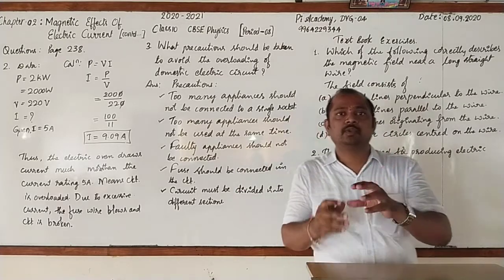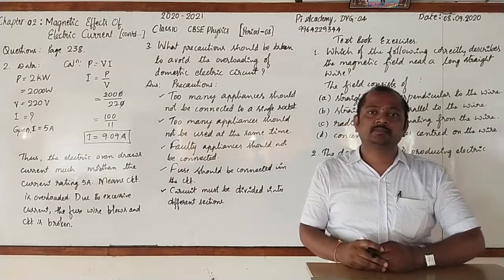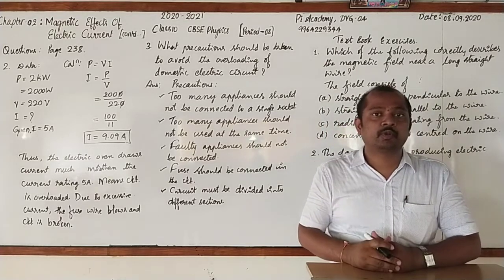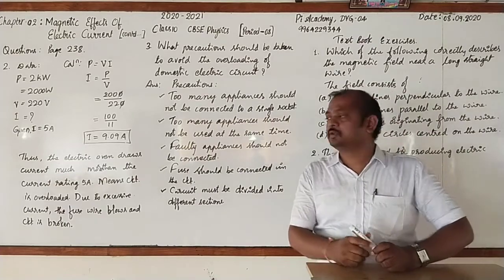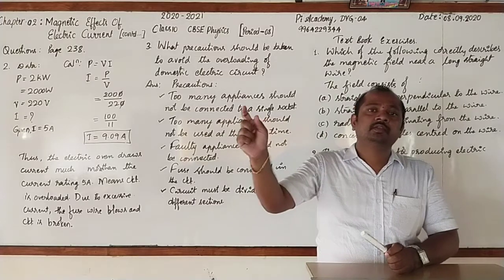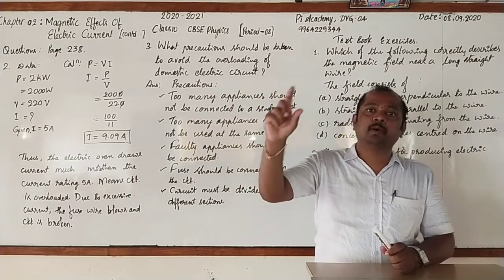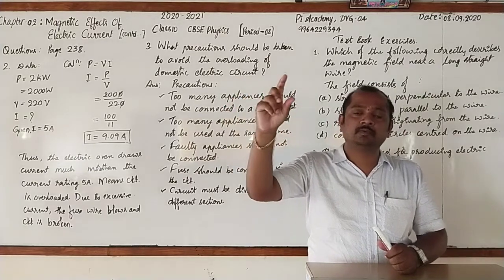See, when we use many electrical items in one socket, it gets overloaded. That should be avoided. Next, another very important thing is, in the domestic wiring, if you want to avoid overload, there must be proper rating of device fuses.